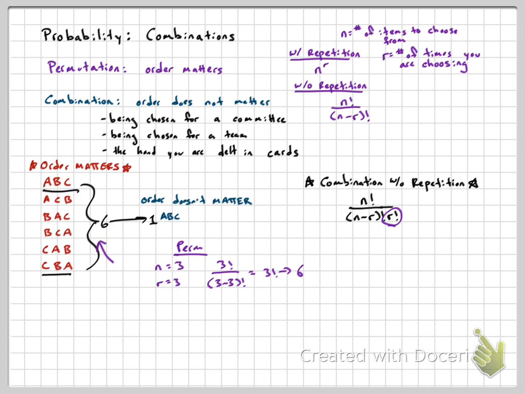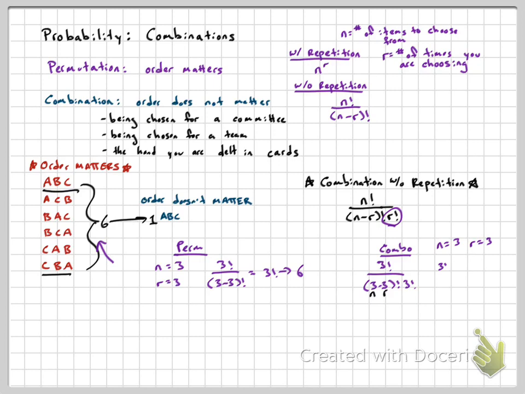Now, if it's a combination where order doesn't matter and we're using the formula, our n is still 3. Okay, so that doesn't change. We're still having 3 letters to choose from, and we're still choosing 3 times. So n equals 3 and r equals 3. So I have n factorial over n minus r factorial times r factorial.